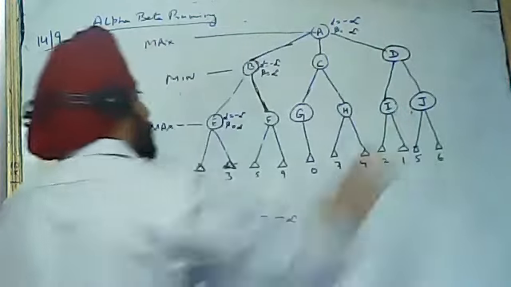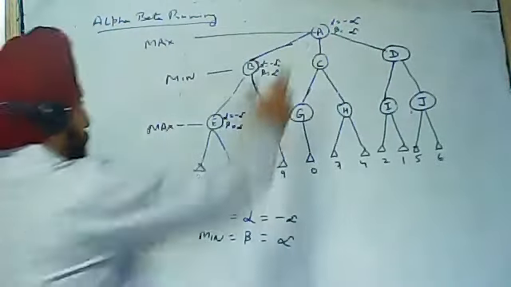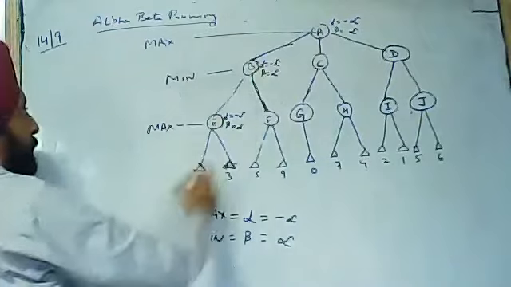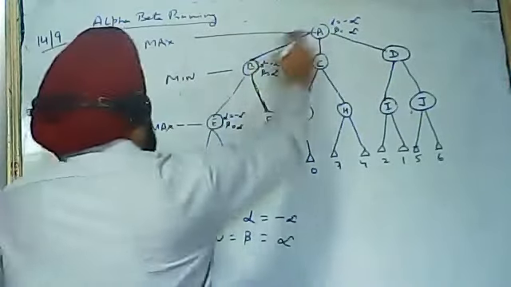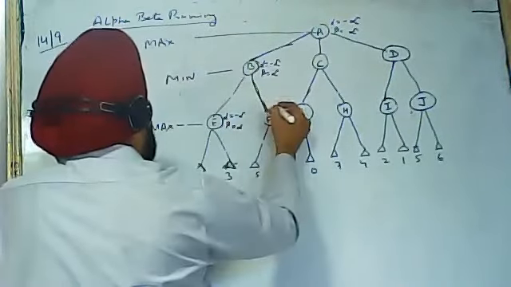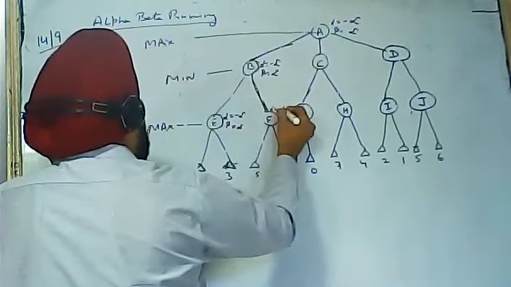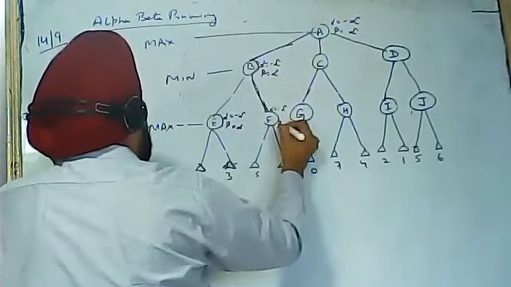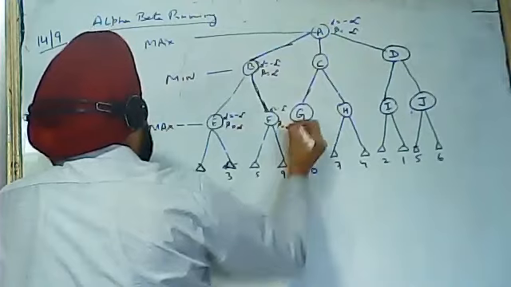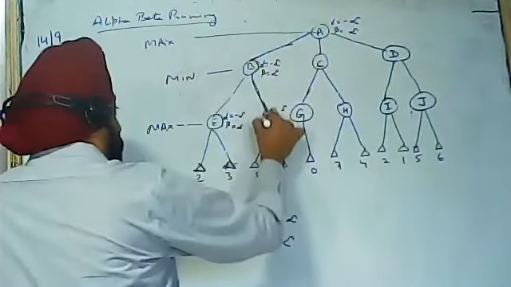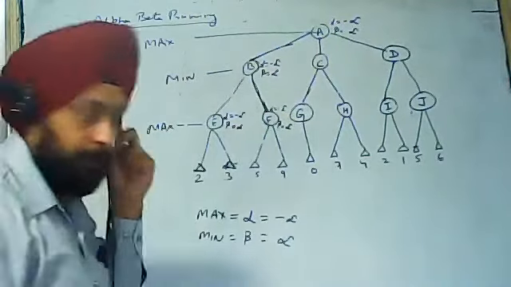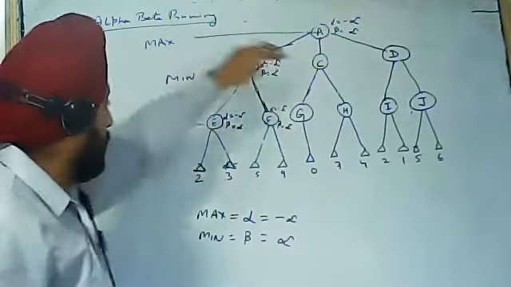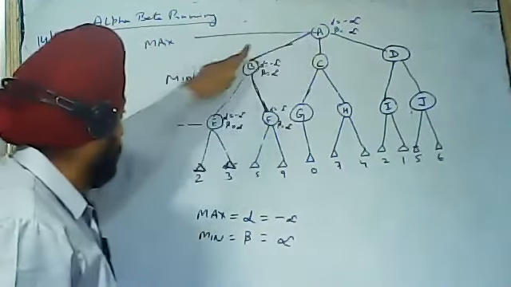Same here you can write all the things. So first we have to move this way, this branch. Under this branch, let us give alpha equal to minus infinity and beta equal to infinity. So we start with the worst values. According to depth first search, we will come here.